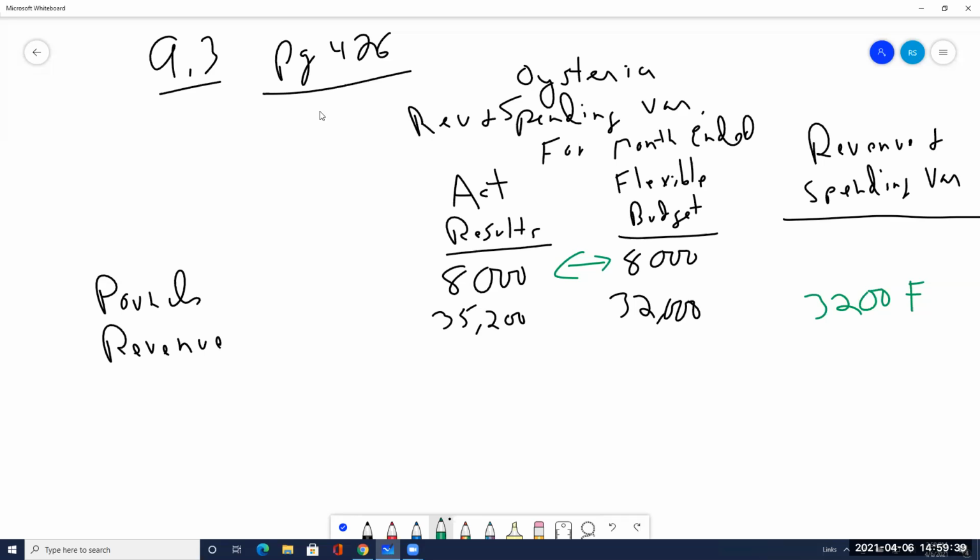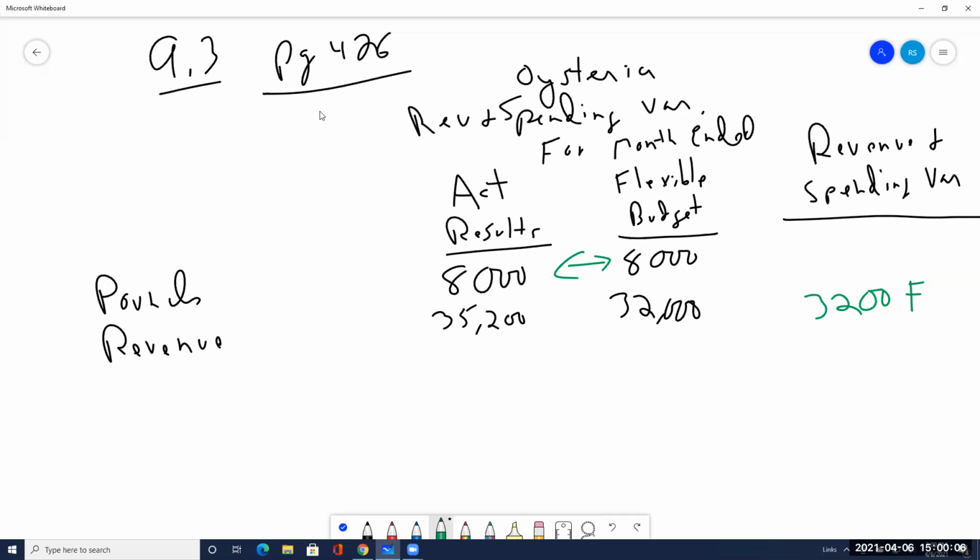Maybe it's a market price thing where I was able to get more for it. Obviously, I was able to sell it at a higher price. Maybe I had a customer that was willing to pay that higher price. Maybe, for whatever reason, I was able to get more revenue from the same number of pounds than I would have expected. So that's a good thing.